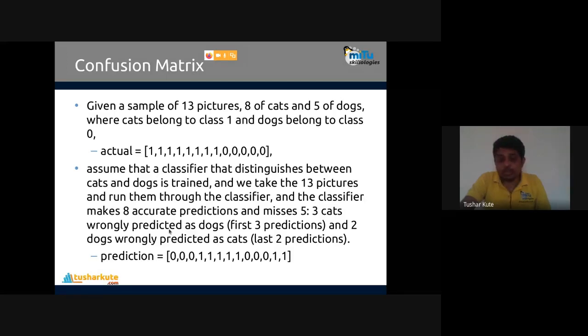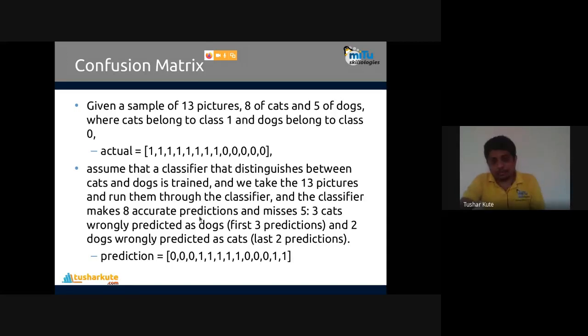The second picture was a cat, the algorithm predicted dog. Third, cat, algorithm predicted dog. Next, cat predicted cat. Cat predicted cat. Cat predicted cat. Here also cat predicted cat. Cat predicted cat. Correct. This is the input and this is the output, whatever the algorithm is predicting.